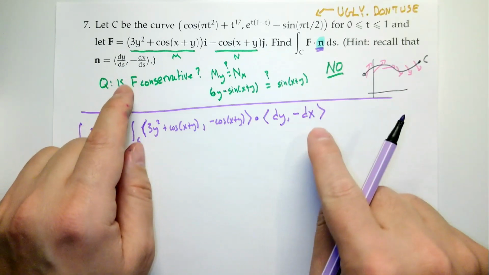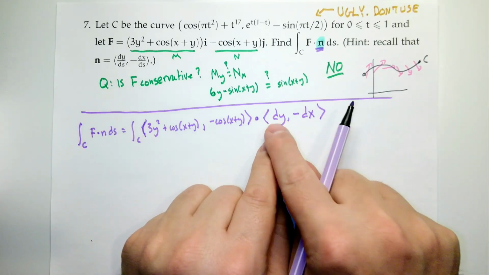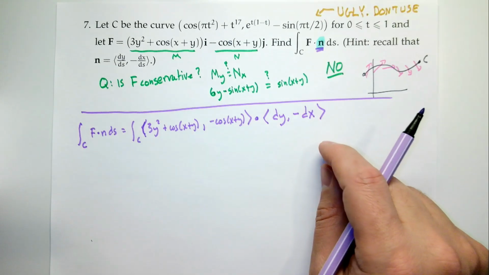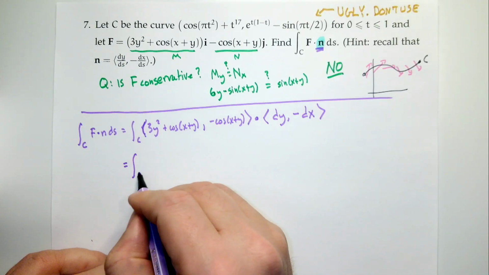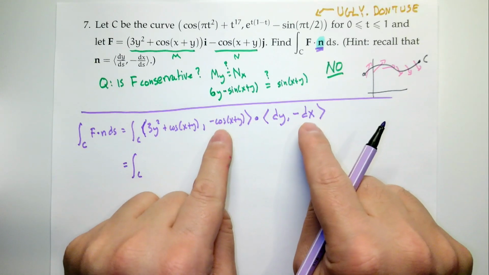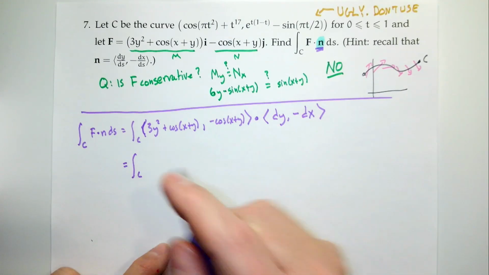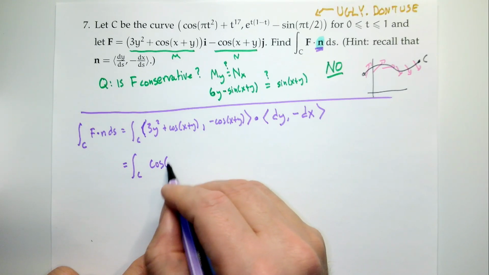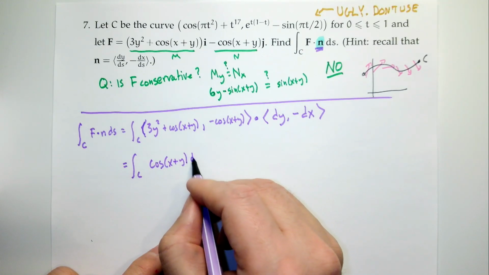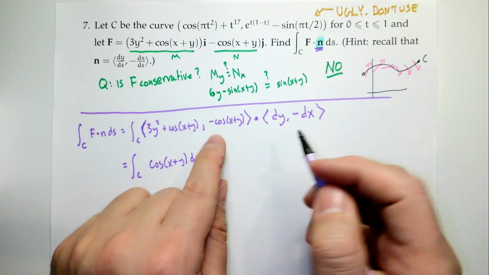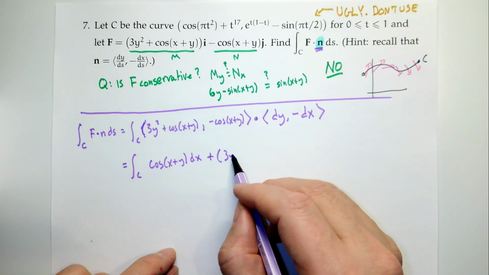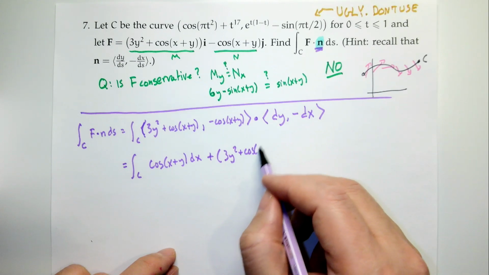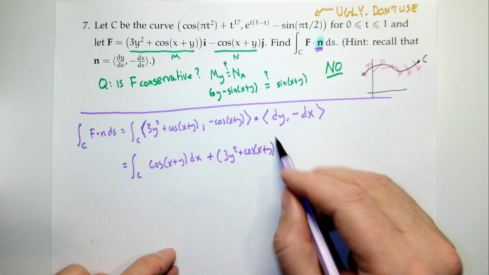Remember, f dot t ds would have dx dy. So if we do a little bit of rearranging and take the dot product, that would be cosine of x plus y dx, because two minuses make a plus, and then plus 3y squared plus cosine of x plus y dy.